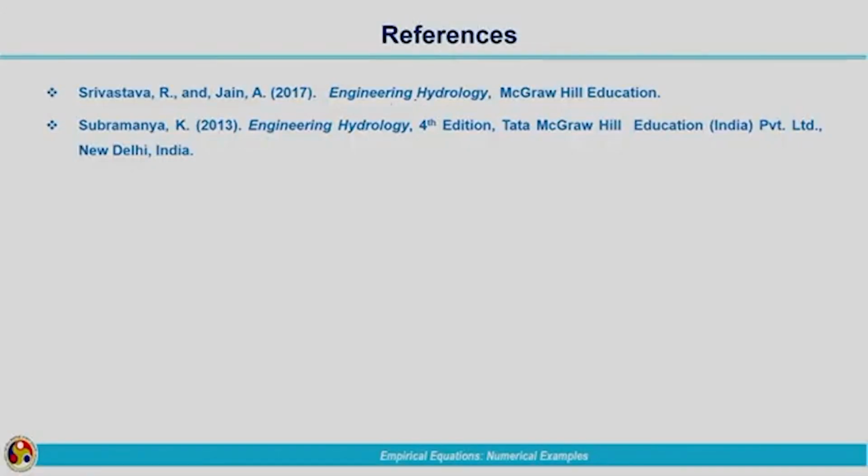Once infiltration rate is there with us, we can calculate the cumulative infiltration curve by integrating the infiltration rate. Whenever we have the data, we can make use of those infiltration experimental data to get the parameters corresponding to empirical equations. These are some of the textbooks from where I have taken these problems, and many exercise and example problems are there for working out and for understanding more.